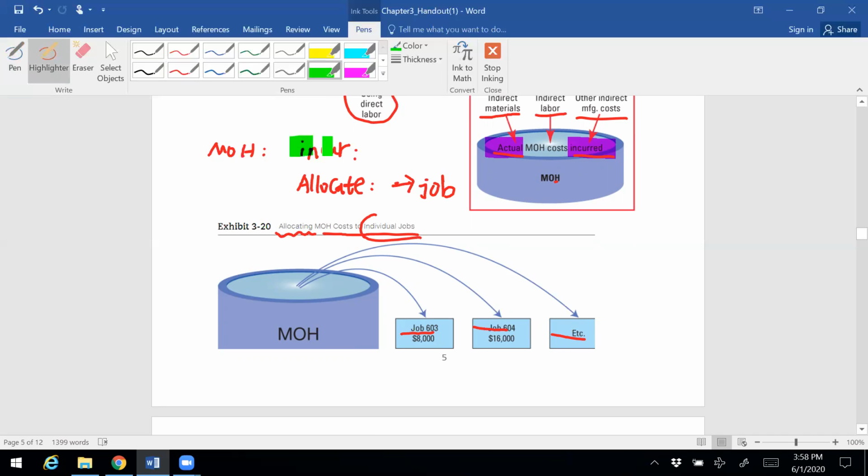First is when manufacturing overhead incurs: we increase the water amount. When we allocate, we take the water out from this pool and put it to our specific job.